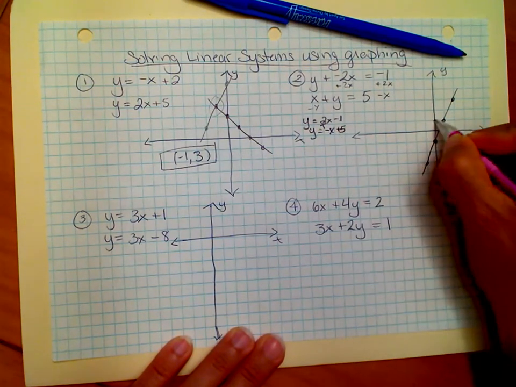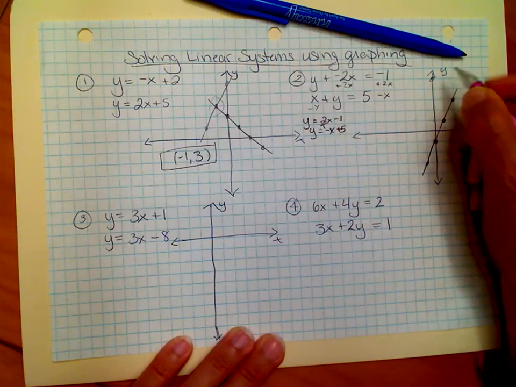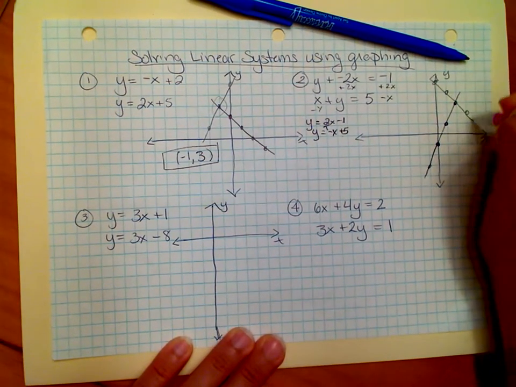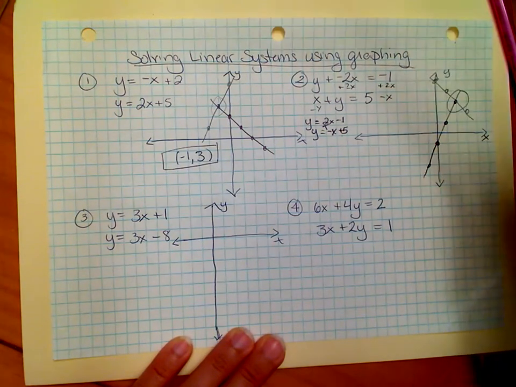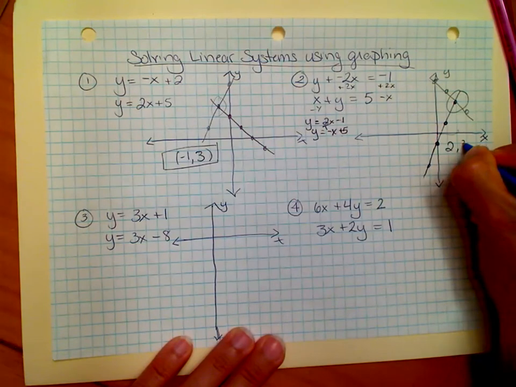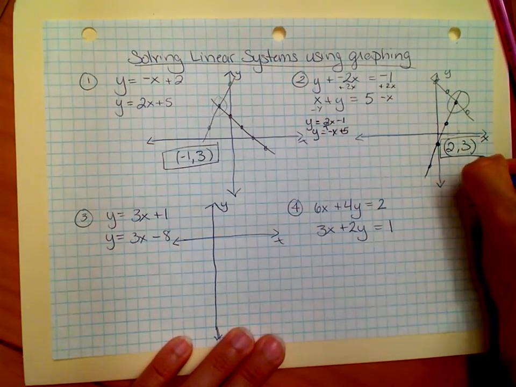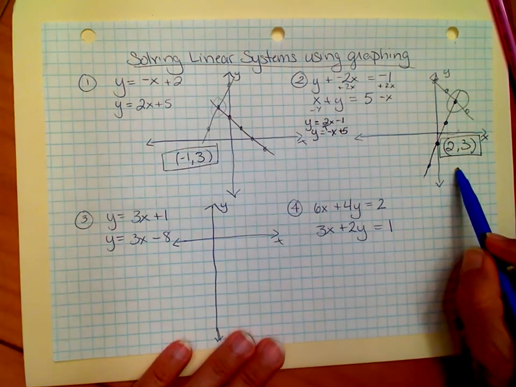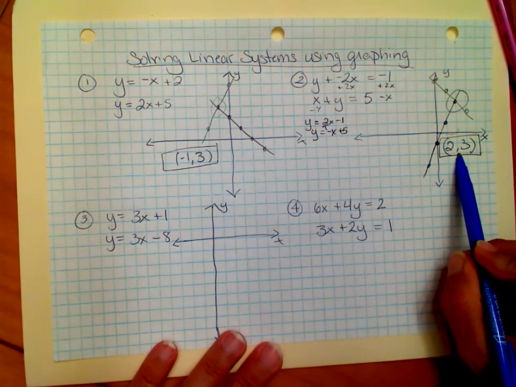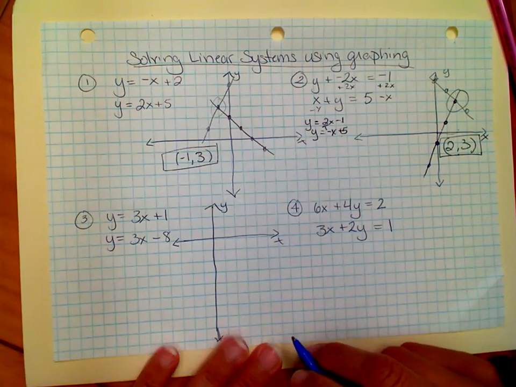Let's graph this line. 1, 2, 3, 4, 5 is my y-intercept. Down 1 over 1, down 1 over 1, etc. So this is the solution at the point of intersection, which is 2, 3. A lot of people just graph the line and they forget that when you're solving a system, the answer is actually the point where they intersect, the point that the two lines have in common. So this is the answer.